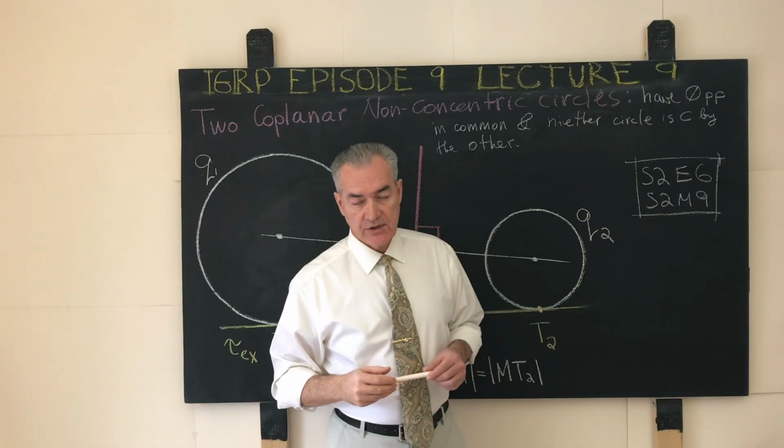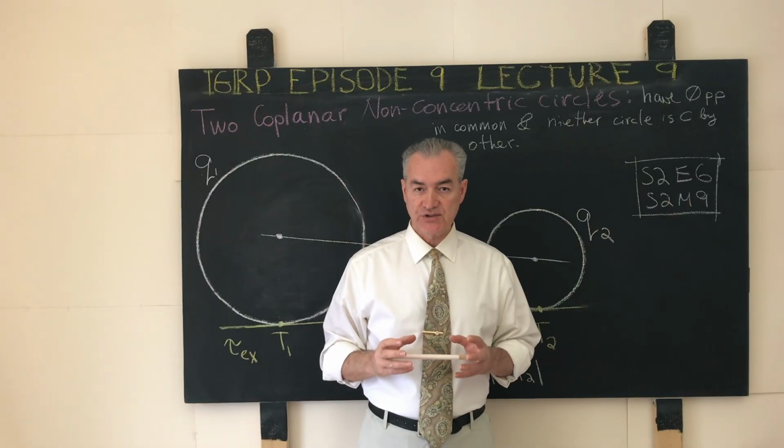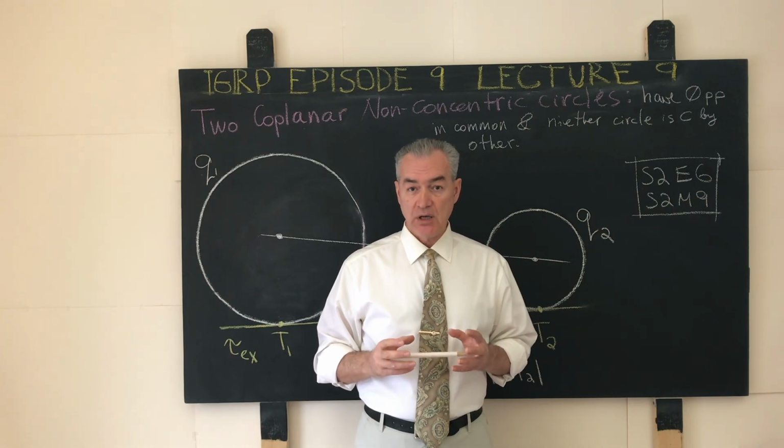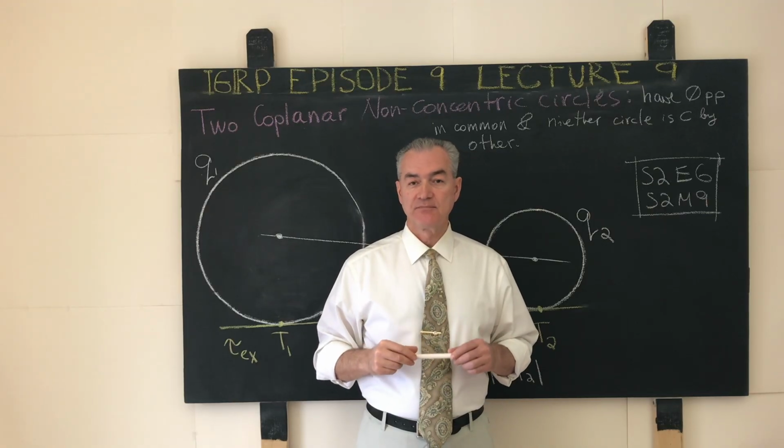And now we will consider the final case when we have two coplanar non-concentric circles that have 0 points in common, but one circle is contained within the other.